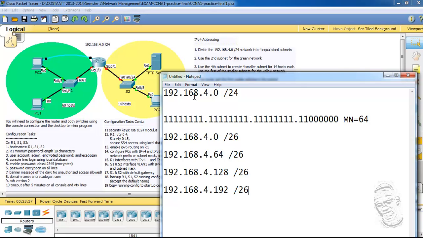So first and foremost, we fulfill the first task of dividing the network up into 4 equal size subnets.